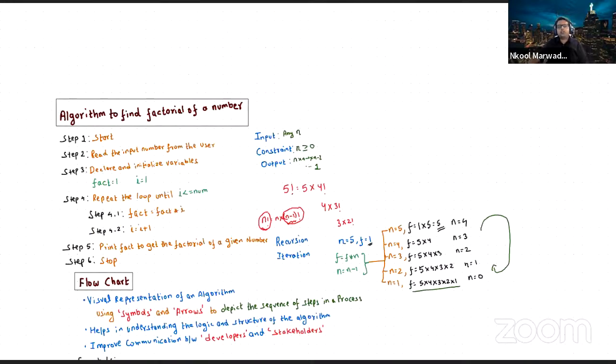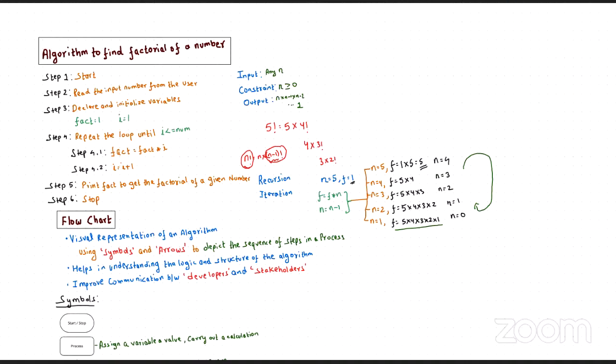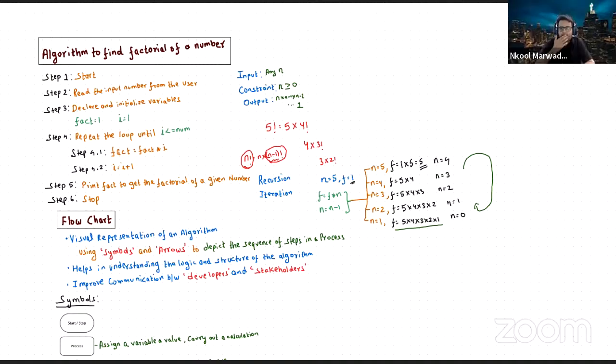So basically, if we just very quickly look at what we did until now. We are discussing problem solving techniques, or solving problems using programming. The idea is that whenever we are solving a problem, we don't straight away write the code.